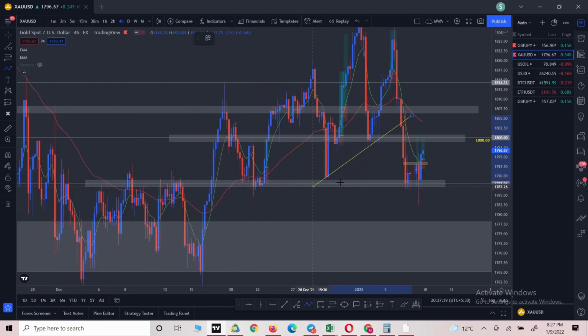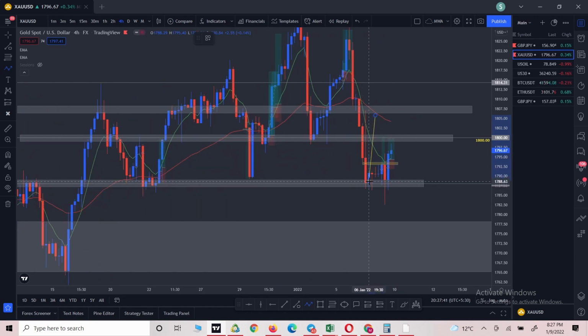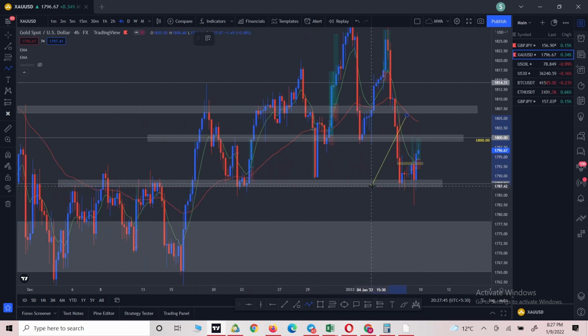As you can see, this is going to be a zone where the price currently is. So now again, if the price gives us a break and close below this zone, where is the price most likely to go? The price is most likely to go to this zone, and so on. So right now we can see the price is between this zone and this zone.